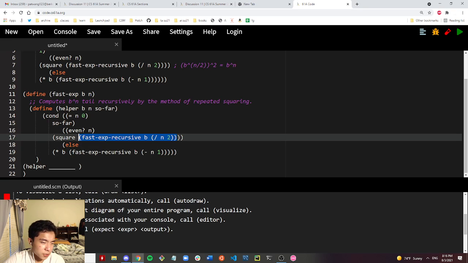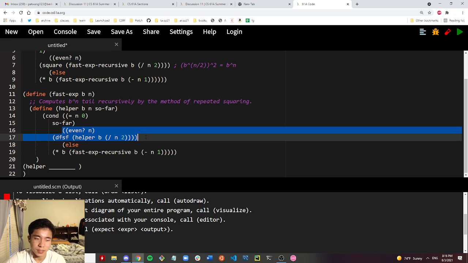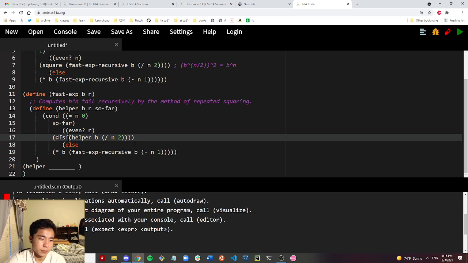We are going to square the Fast-exp recursive of b to the n divided by 2. But in this case, since it's tail recursion, we have to do something different. We know that we have to start out with helper, because if we have anything before it, that's not tail recursive. If we have some function applied on helper, we're doing stuff after, and we can't close our recursive call.